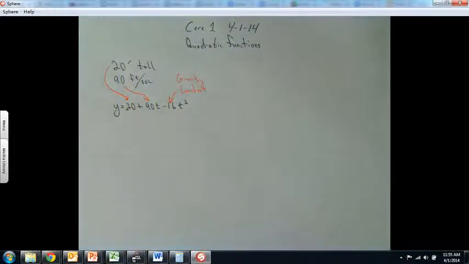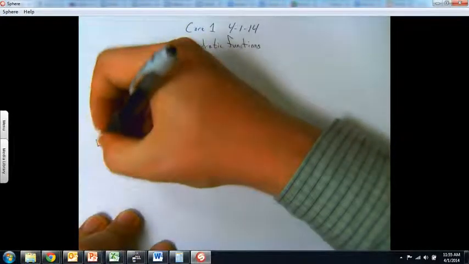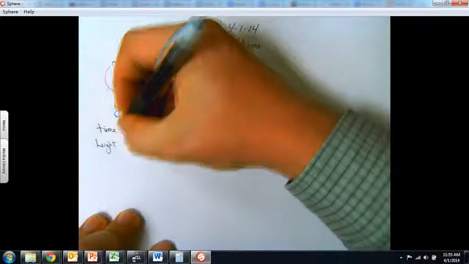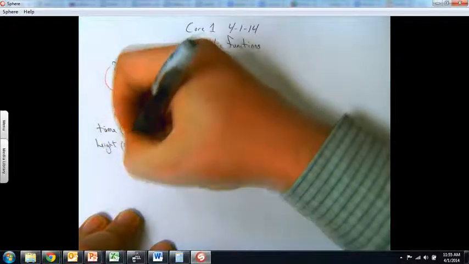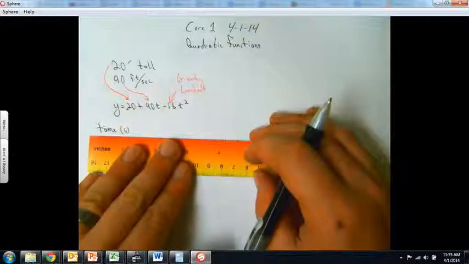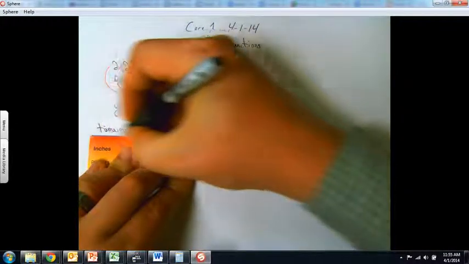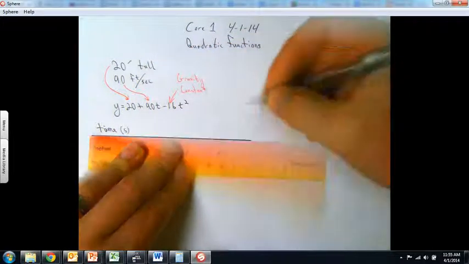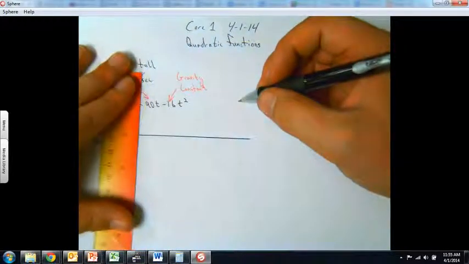Now, first up, we wanted to take a look at a table. Our table has time on top and height on the bottom, and time is in seconds and height is in feet. Our table was only big enough to show when it hits the ground. So, let me set up my table.